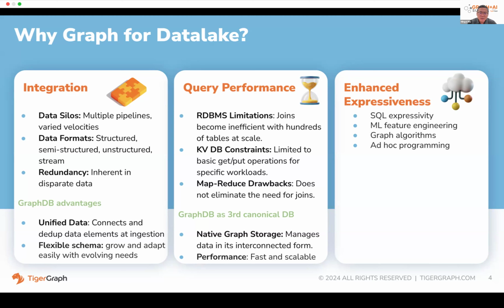The graph database is really emerging as a third canonical database category due to its unique advantage in graph storage format. As I said, you can think of the graph native storage format as connecting the dots at ingestion time. In computer science terms, it uses adjacency lists to represent vertices and edges. Everything is connected in its necessary form during one pass over your data at ingestion time.